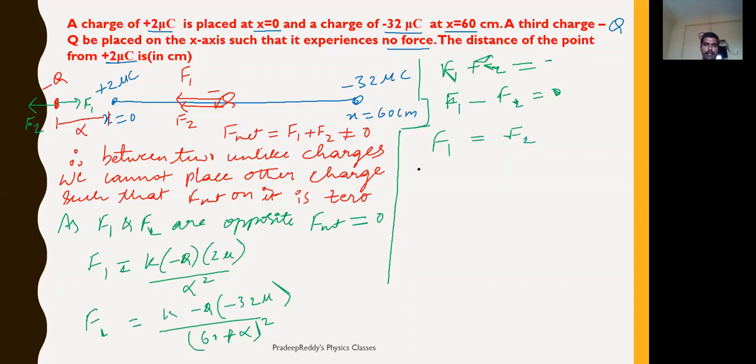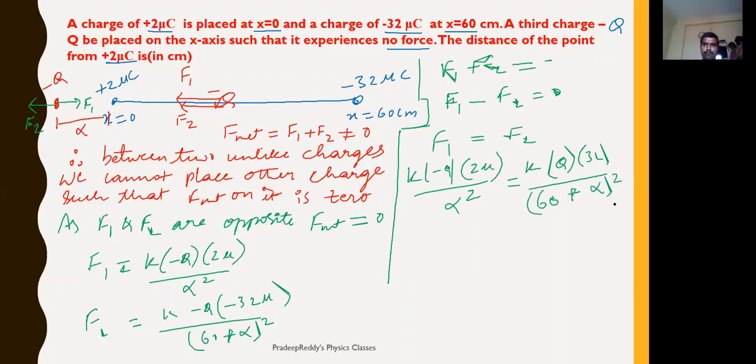Now, substituting the values of F1 and F2 here, K minus Q into 2 microcoulomb divided by alpha square is equal to K, minus of minus will become plus, Q into 32 divided by 60 plus alpha whole square. K and Q get cancelled. Micro gets cancelled. And this will be 2 by 32, which is 1 by 16.